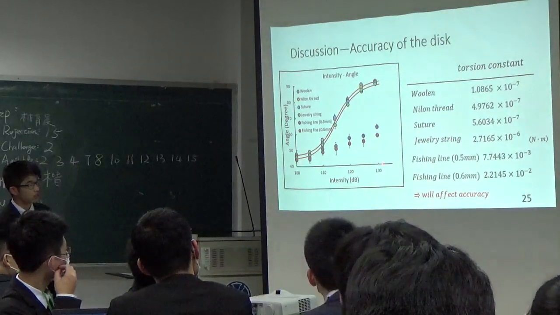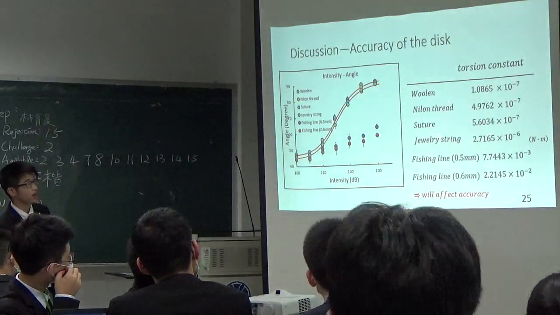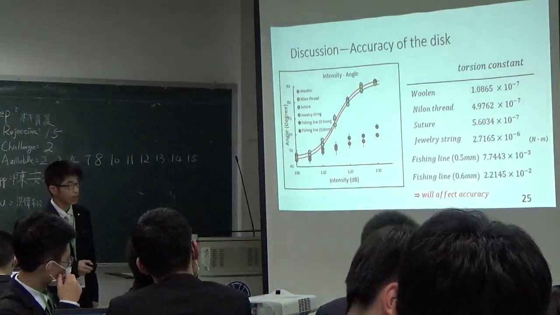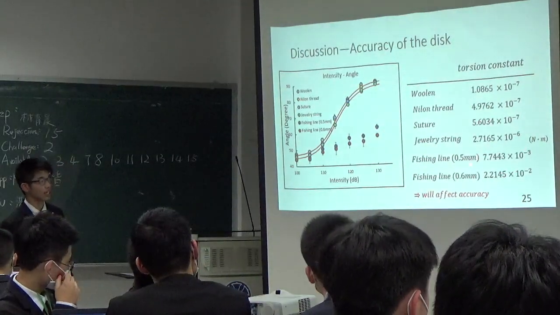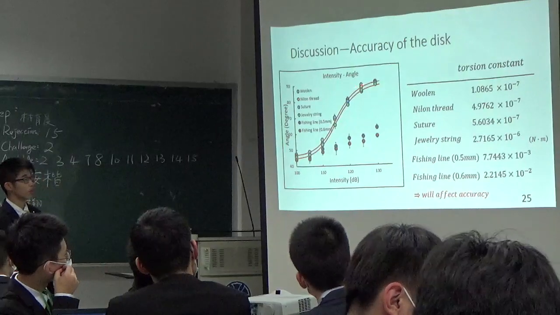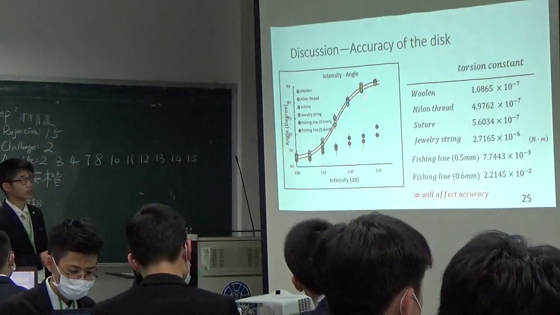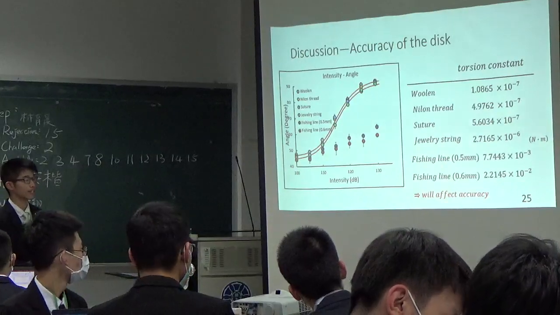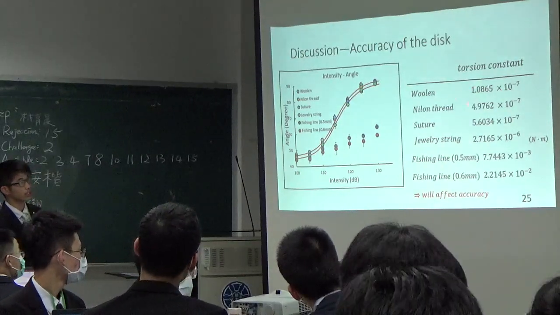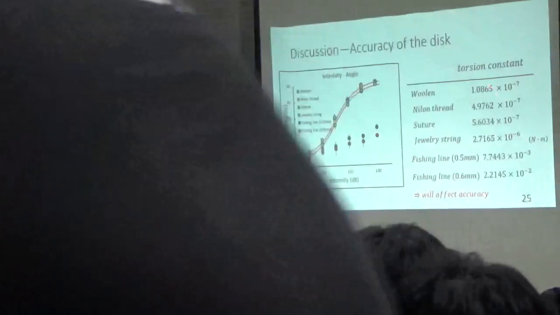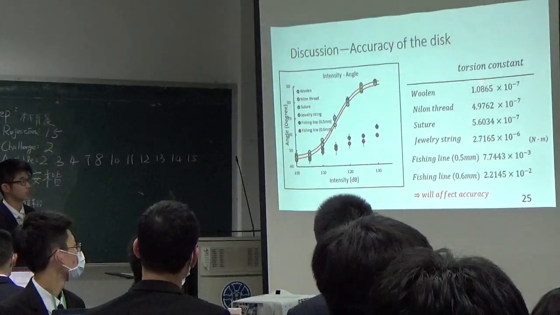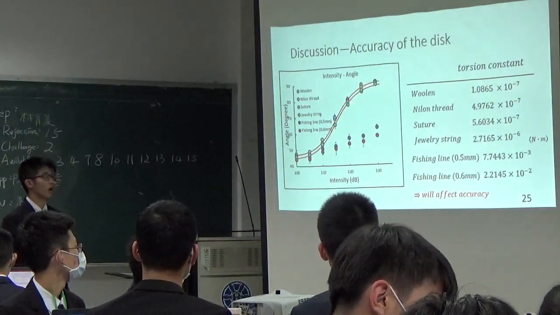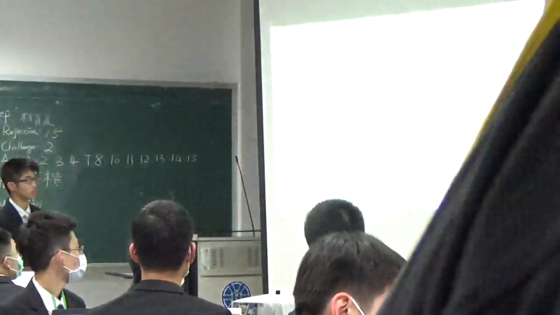When the torsion constant is bigger, there will be more deviation from the theoretical value. So the torsion constant will affect the accuracy. And you can also see that the smallest torsion constant will have a small deviation from the theoretical value.